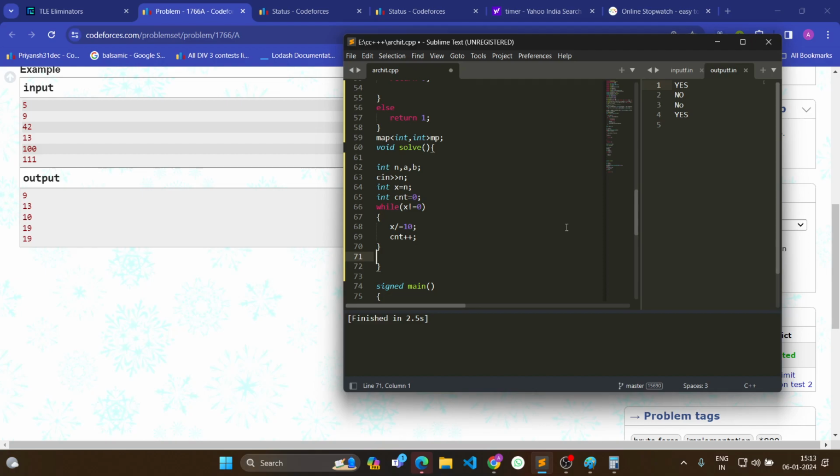Now the answer straight away is, the answer would be rem plus count into 9.